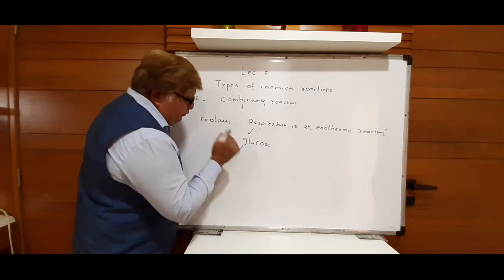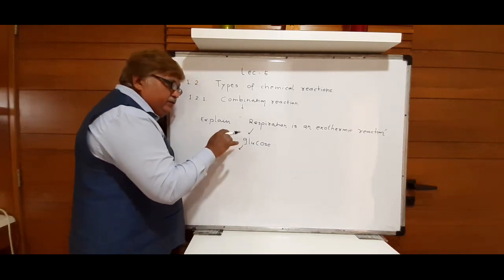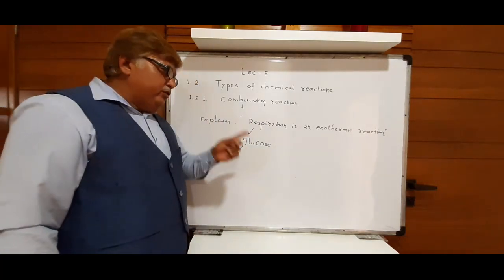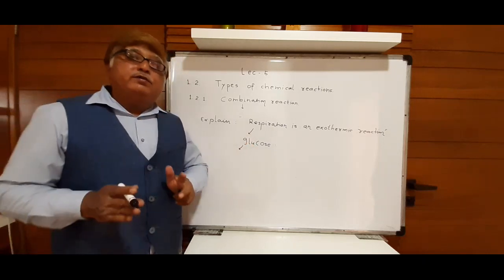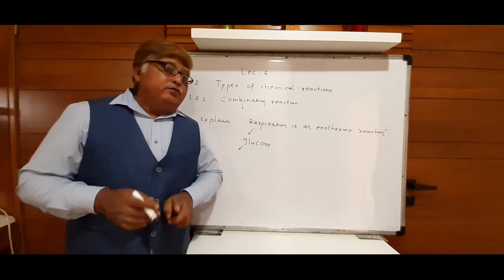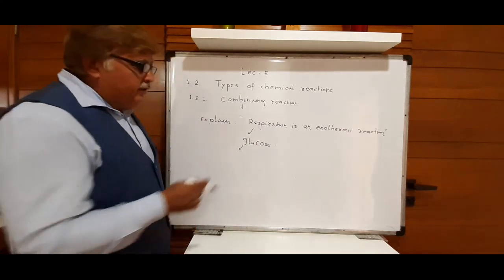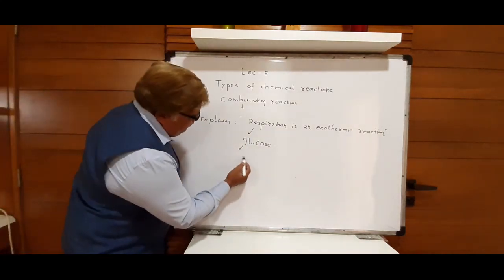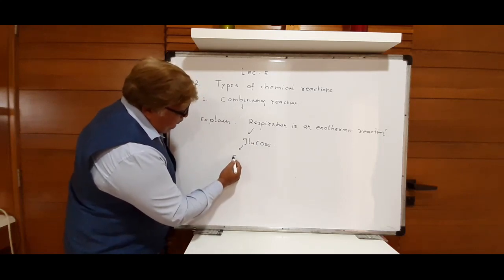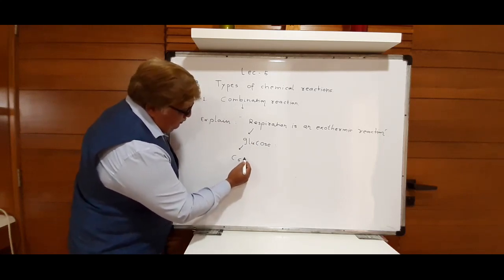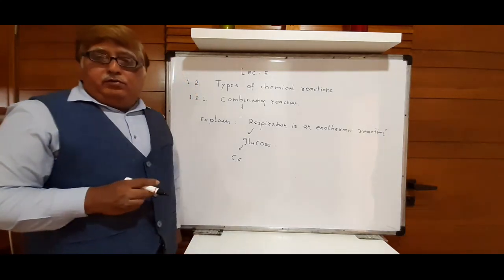Suppose first, to explain this, again my important point: you should be well aware of all correct formulas and symbols. That must be very clear. Glucose, just take an example, the basic formula. You can remember the formula of glucose, my dear student.